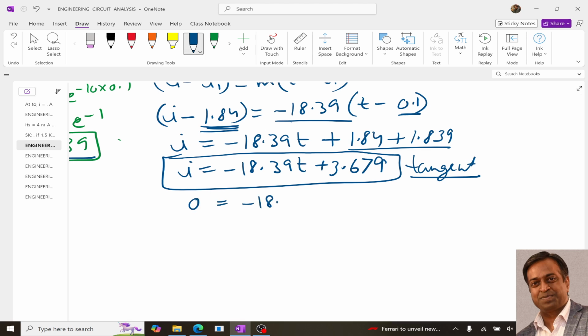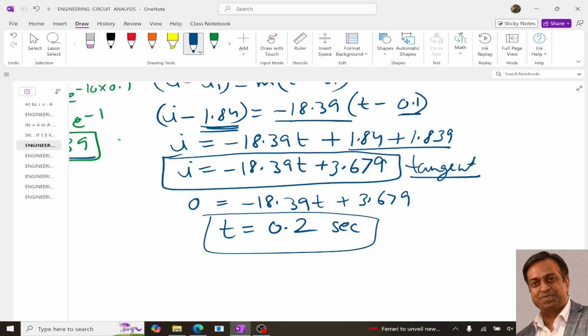It is minus 18.39 t plus 3.679. So if you solve this, you will get t equals 0.2 seconds. So our t1 is 0.2 seconds.